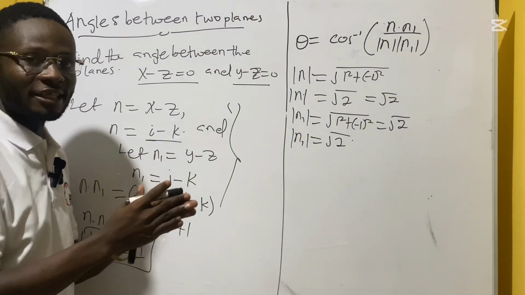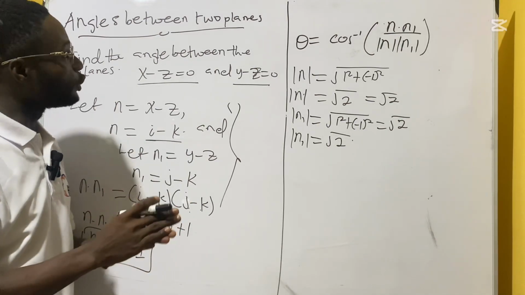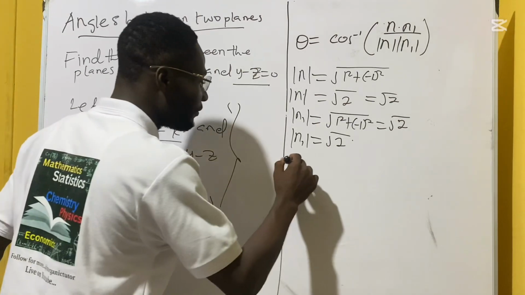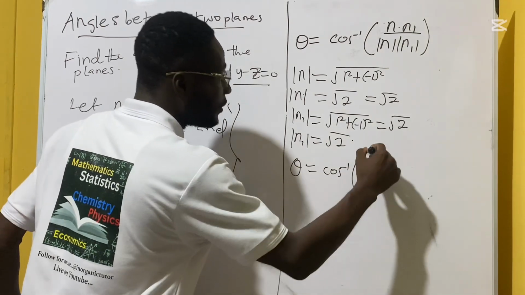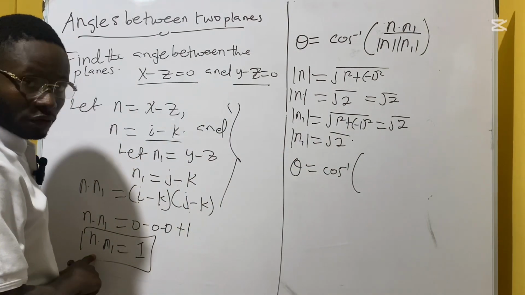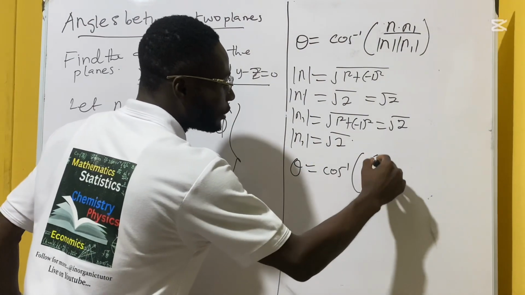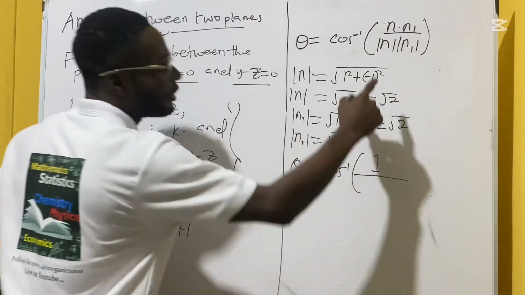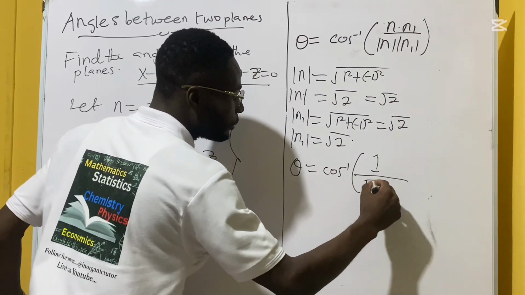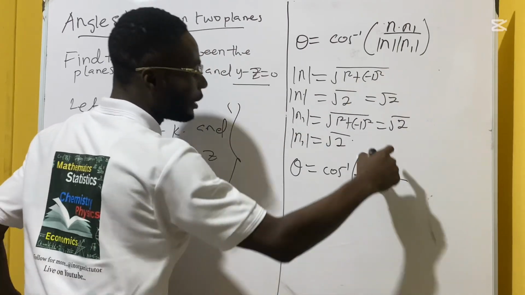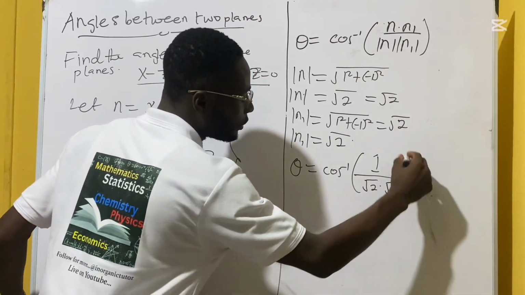So let's find the theta between these two planes. Theta equals cos inverse of n dot n1, which is 1, over magnitude of n, which is square root of 2, times magnitude of n1, which is also square root of 2.